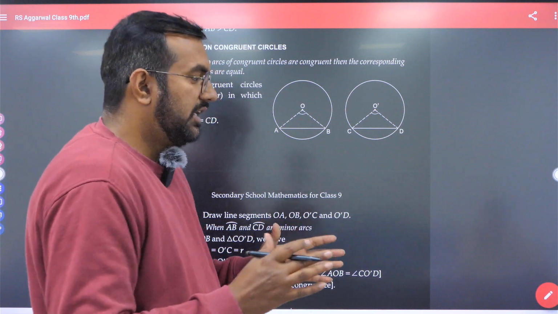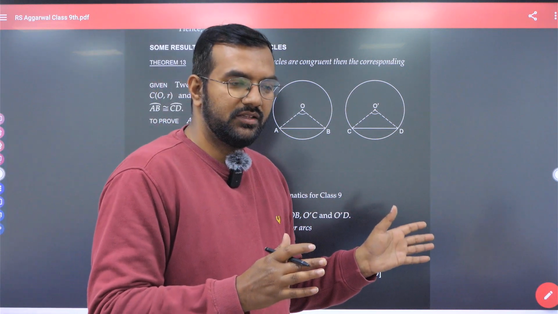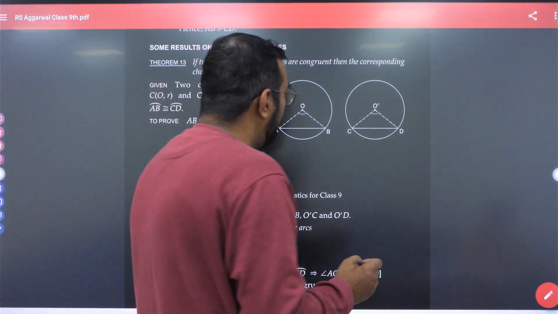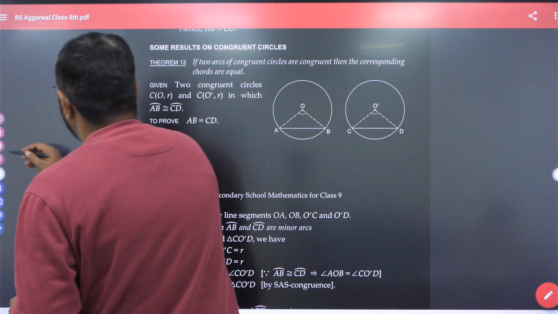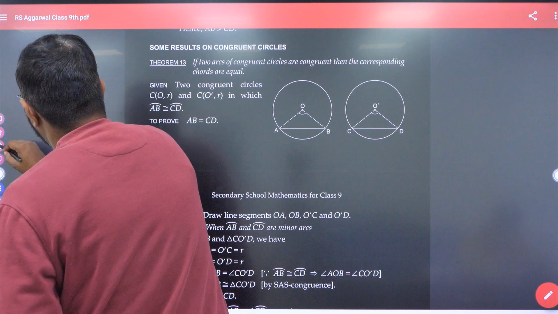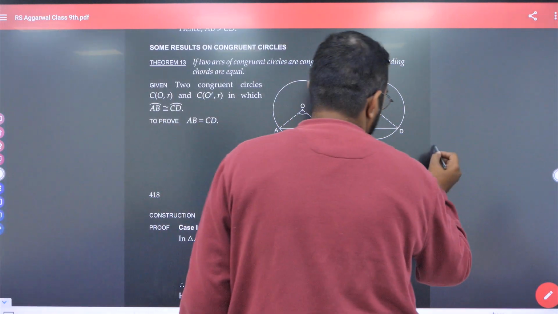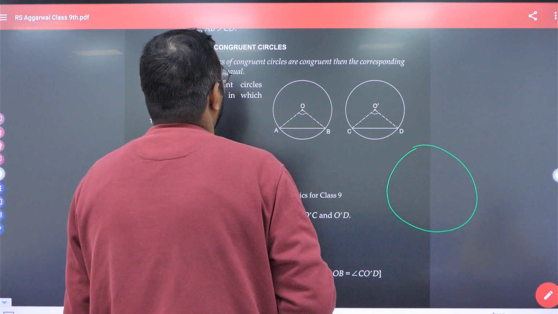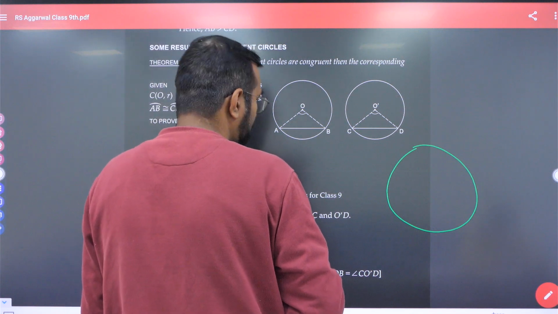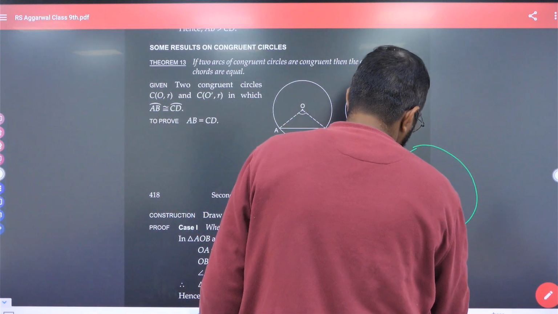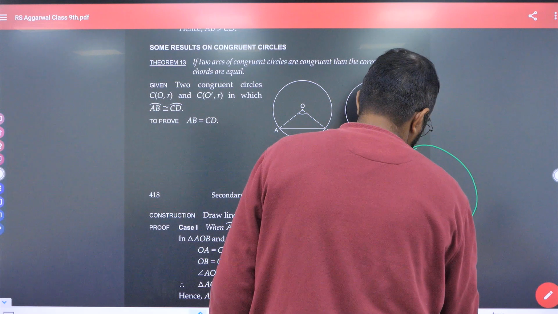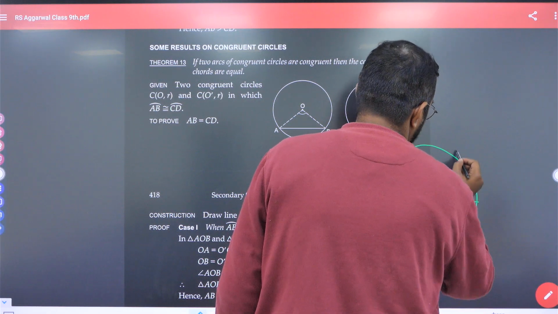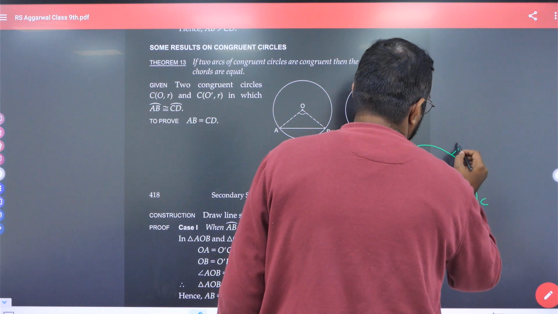Beta, the same thing will be there in this theorem as we have already discussed. We discussed that if there is a circle and there are two arcs, suppose arc AB and arc CD.